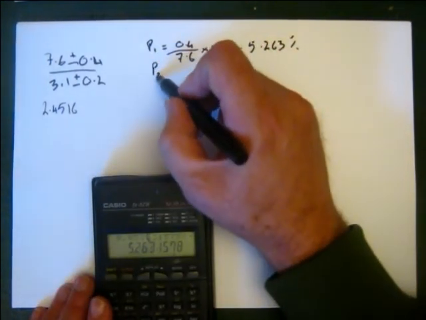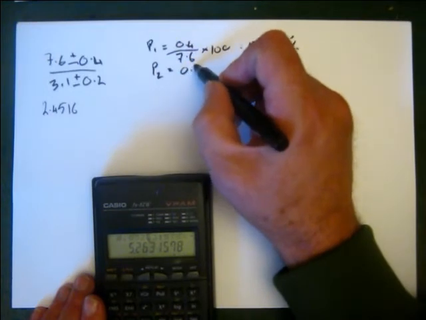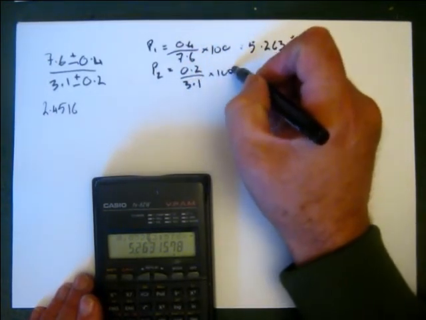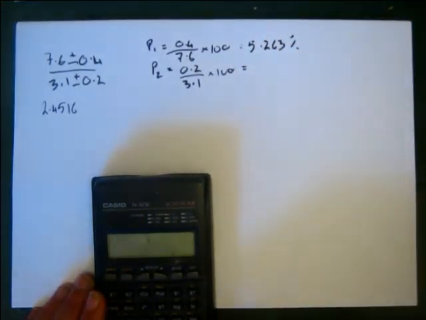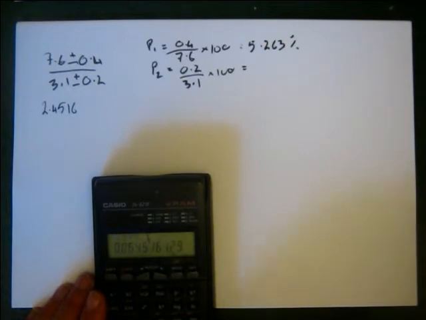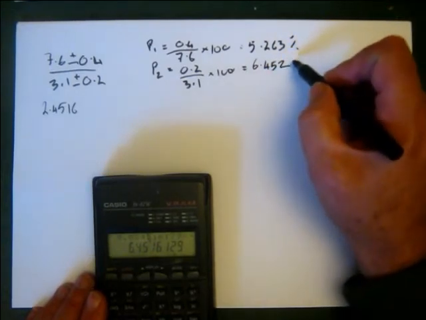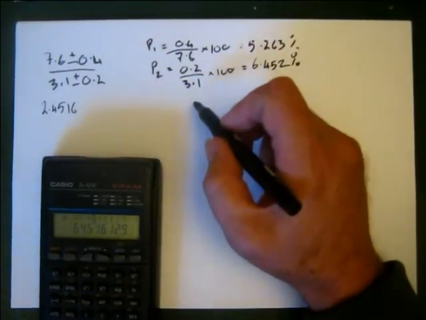P2 is going to equal 0.2 divided by 3.1 times 100, because it's a percent, equals 6.452%.